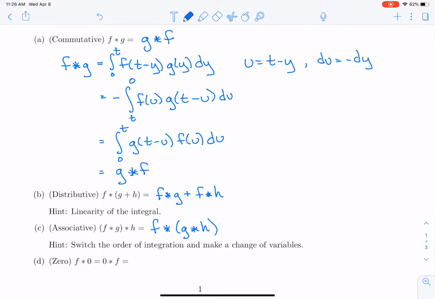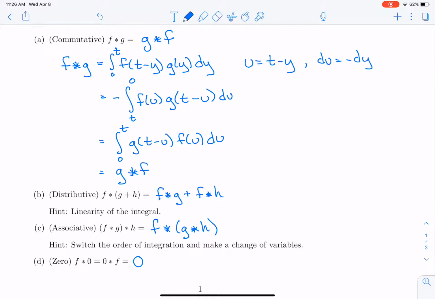On the left-hand side, I'm associating f and g together first, and then I'm doing star h. On the right-hand side, I'm associating g and h together first, and then I'm doing f star that product. Finally, f star 0 or 0 star f, those are both going to be 0. That should be easy to see.